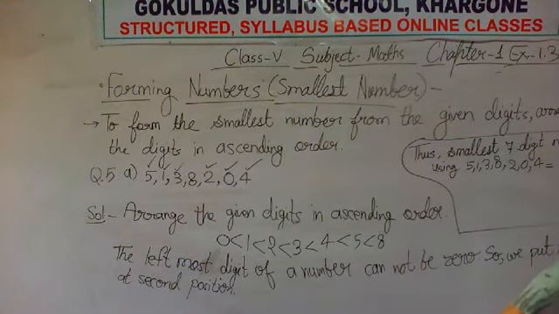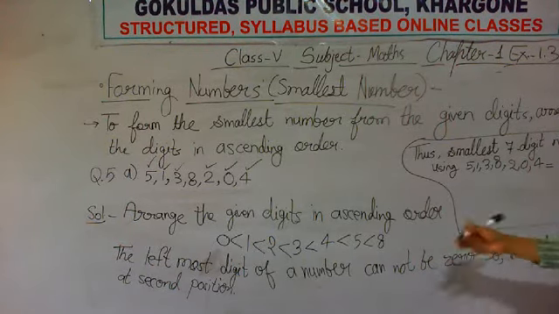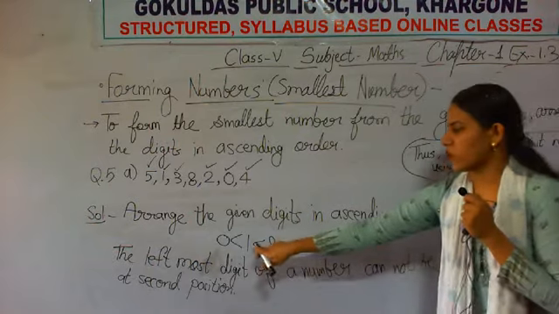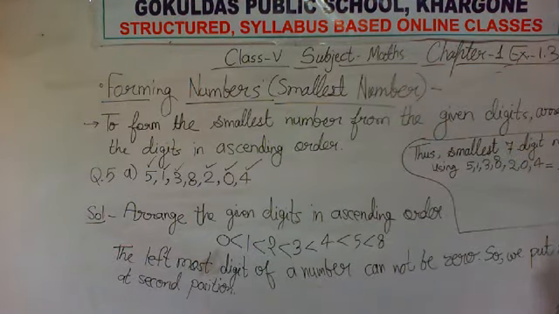The leftmost digit of a number cannot be 0. So we put 0 at second position. Then which number will come here? The smallest number will come here. Among these, the smallest one is the 1. So you will write 1 here and the remaining digits will come as they are.